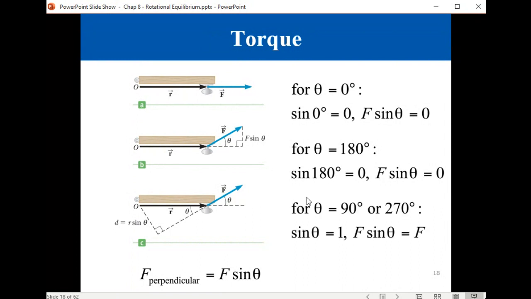If it is 90 degrees or 270 degrees, then sine of 90 or sine of 270 is 1, in magnitude, and that is the maximum possible value for the torque. In general, torque equals R F sine theta. So we have three factors to deal with: the lever arm R, the force F, and the angle between F and R. We are interested in that angle.